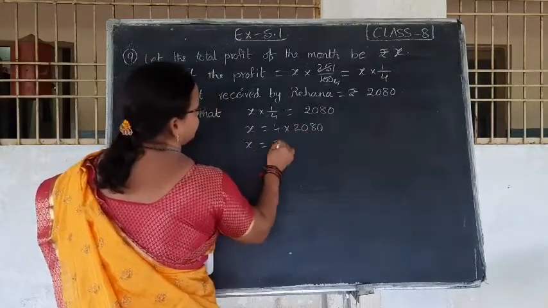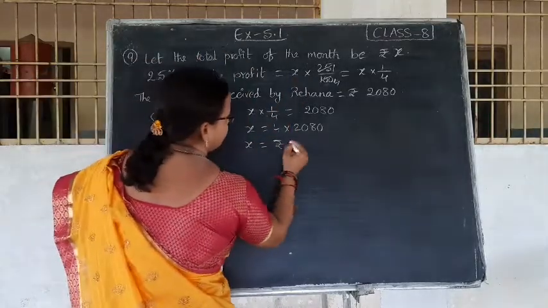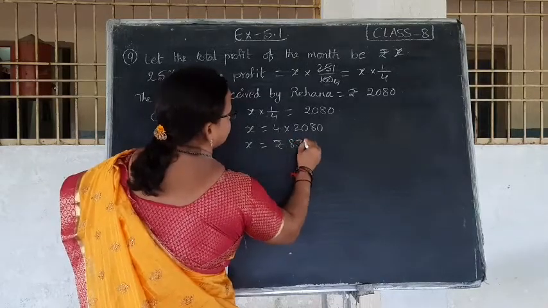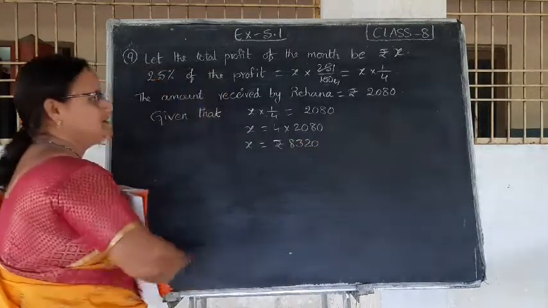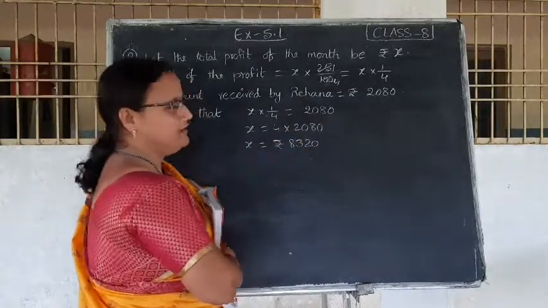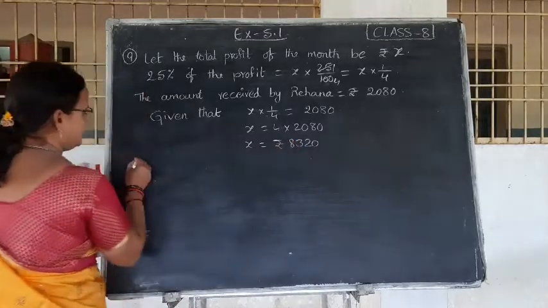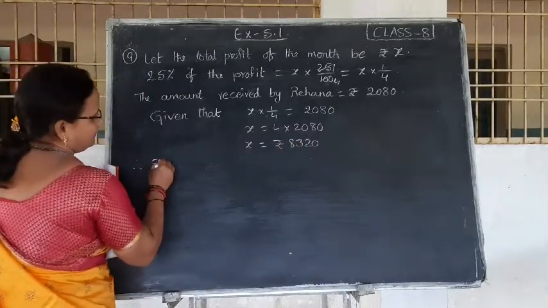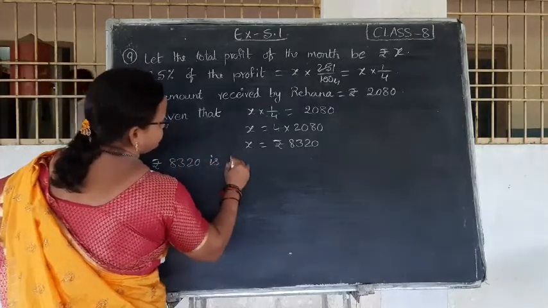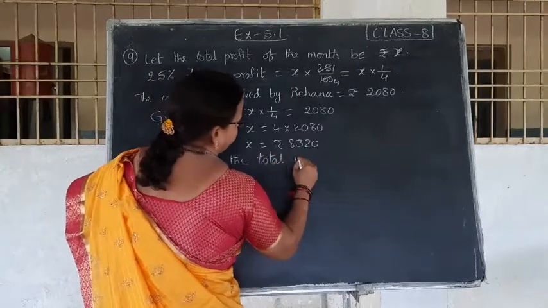So X, the total profit, is equal to 8,320 rupees. 4 8s are 32, 4 2s are 8. So the total profit amount is therefore 8,320 rupees.